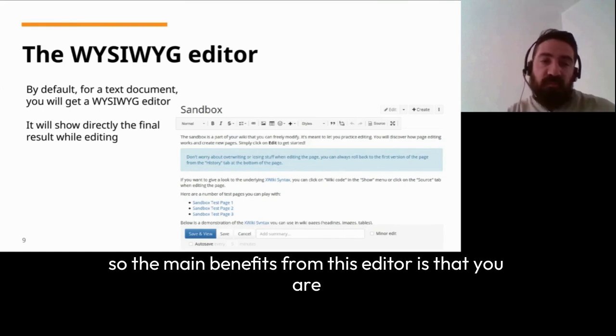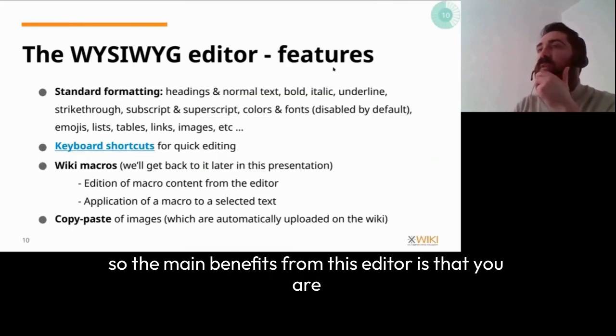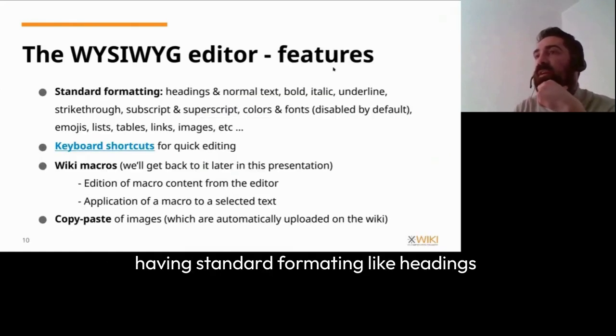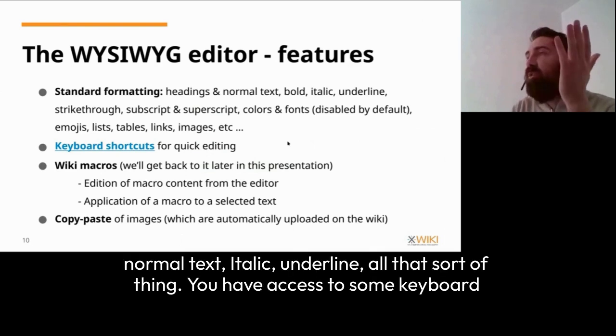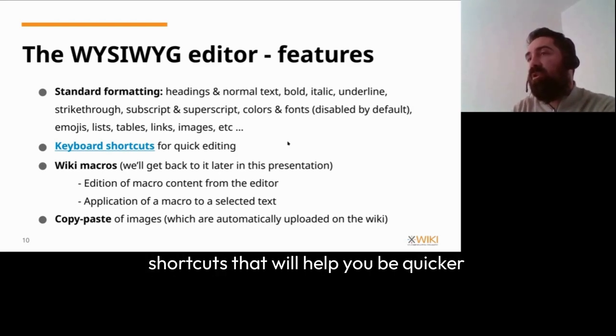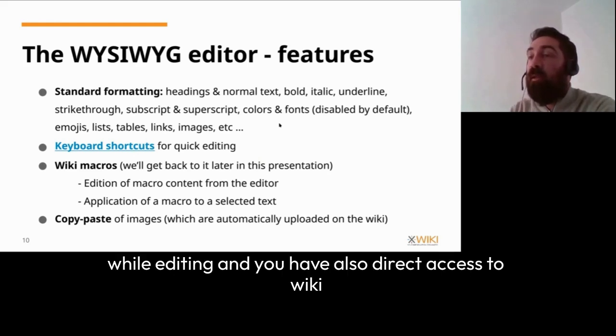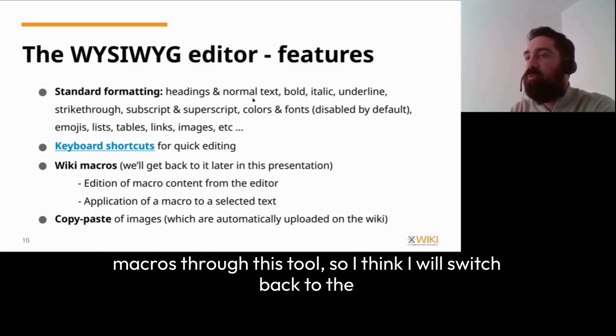The main benefits of this editor are standard formatting, like headings, normal text, then bold, italic, underline, all that sort of thing. You have access to some keyboard shortcuts that will help you be quicker while editing. And you also have direct access to wiki macros through this tool.